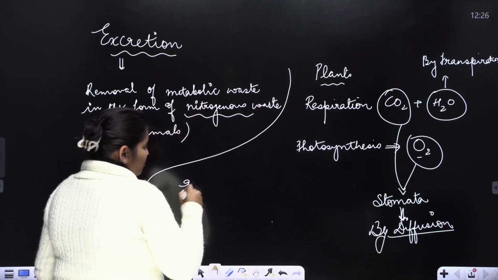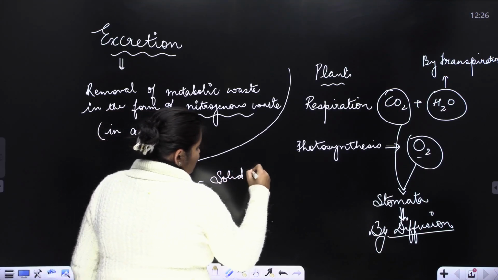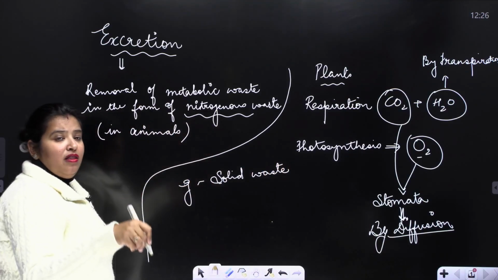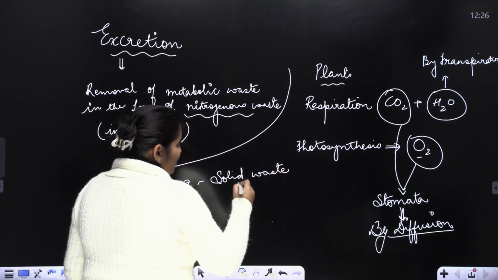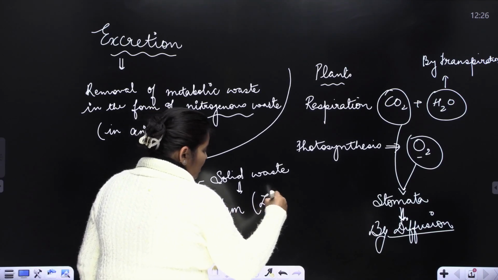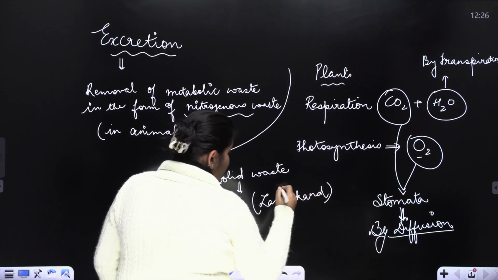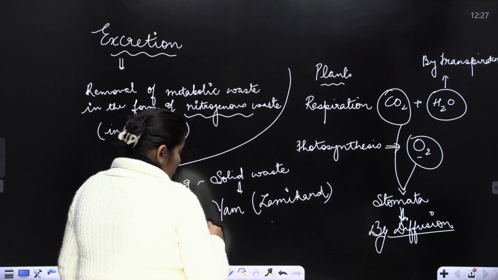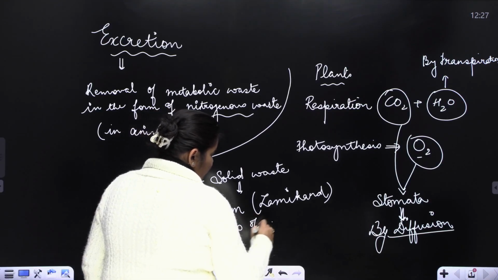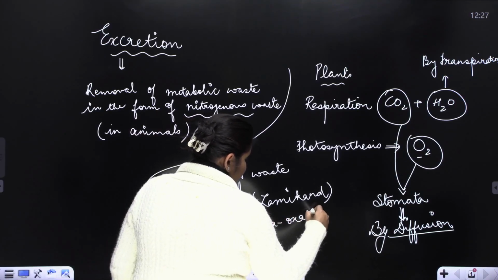So an example of a plant where solid waste is removed by storing it is yam or zamikand, which stores crystals of calcium oxalate.